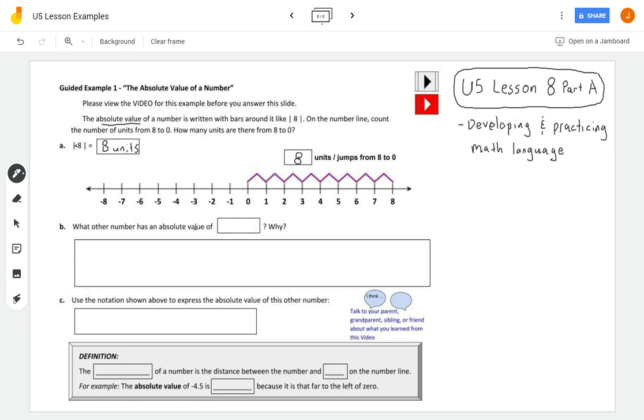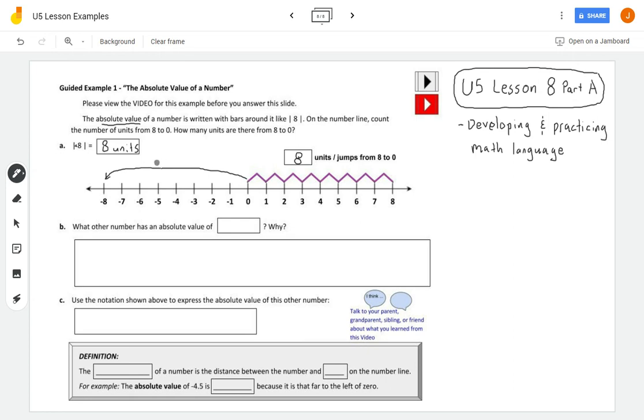Then we want to look for other numbers that have the same absolute value. And your do now kind of led into this idea that numbers that are opposites have the same absolute value, because in order to be called an opposite, they have to be equal distance away from 0. So if I go 1, 2, 3, 4, 5, 6, 7, 8 units jump.